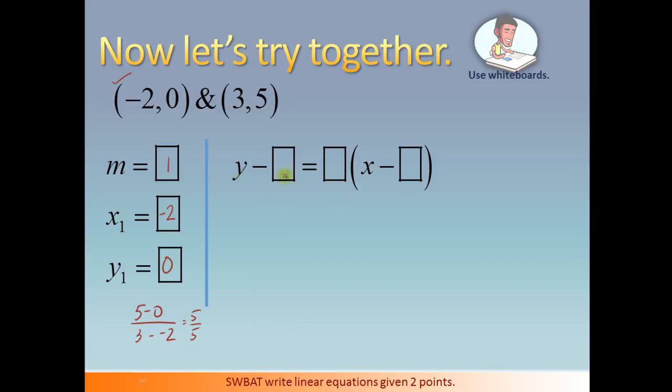So y minus y1 equals m times x minus x1. Then we simplify this and solve for y. Y take away 0 is just y. We don't really have to distribute because 1 times anything is itself. Negative times a negative is a positive, so x plus 2. And so this is our equation of the line that goes through these 2 points in slope-intercept form.